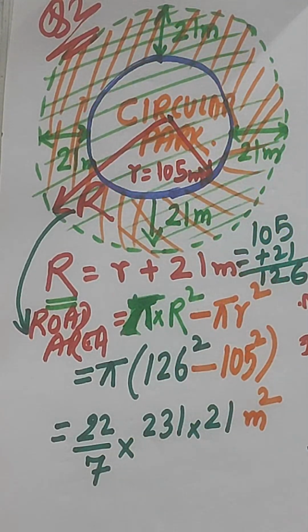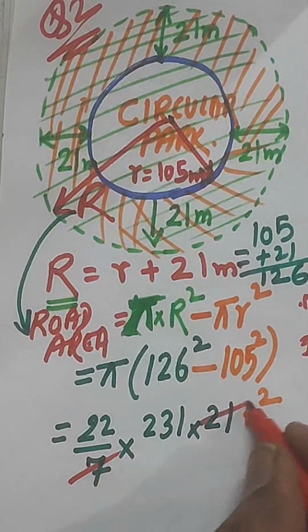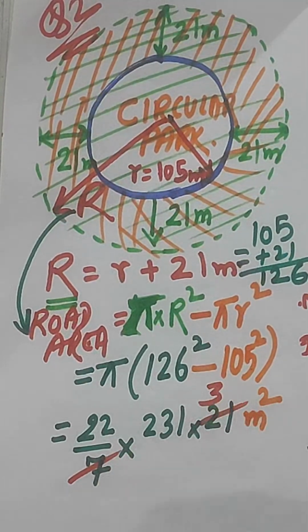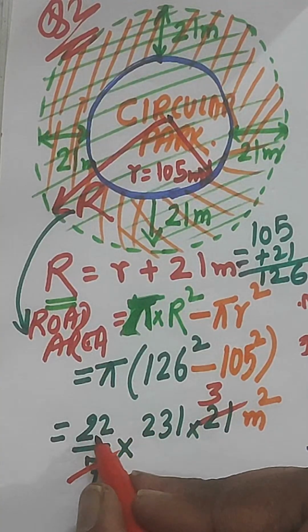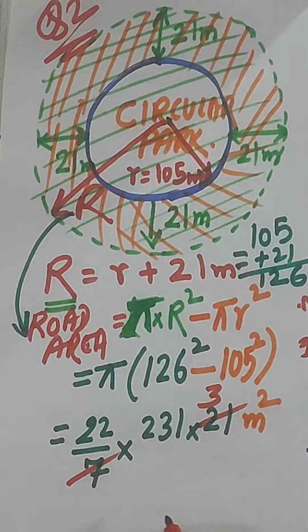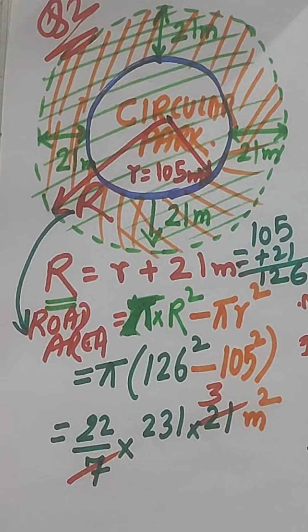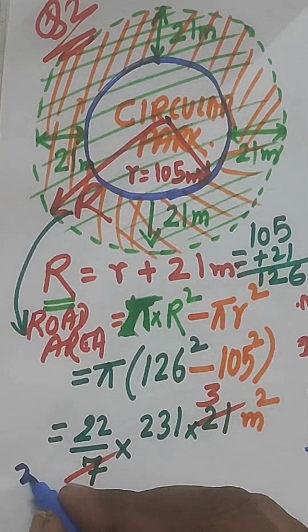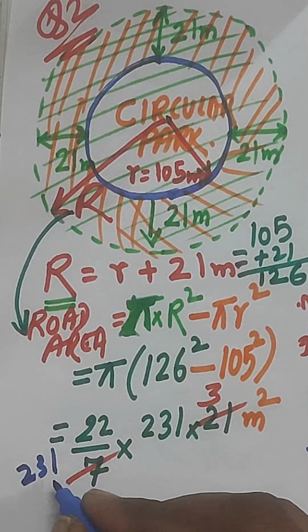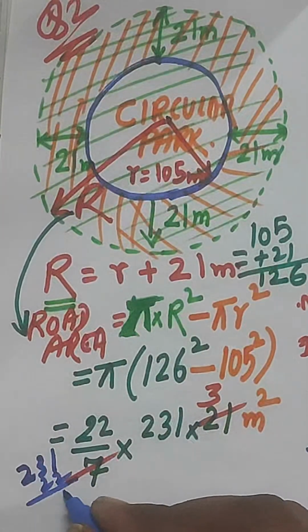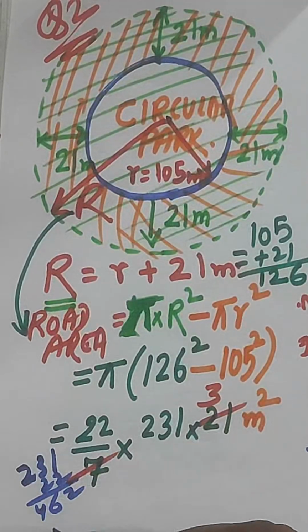So 7 will divide 21 three times. So this will give you 231 into 22 into 3. So when you solve it, 231 into 22 will be 5082.